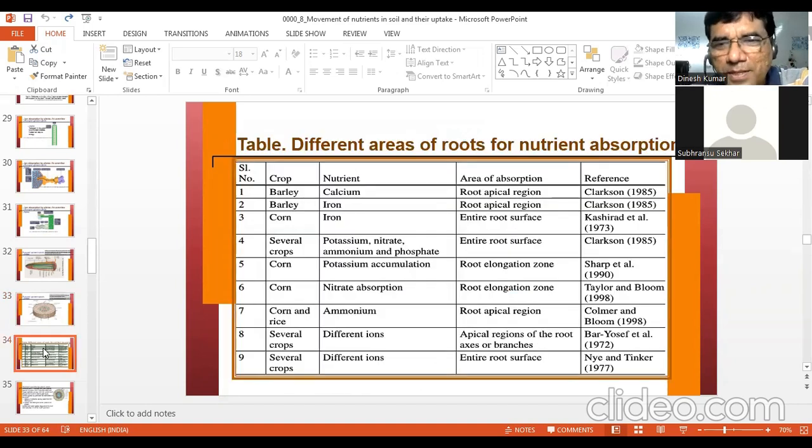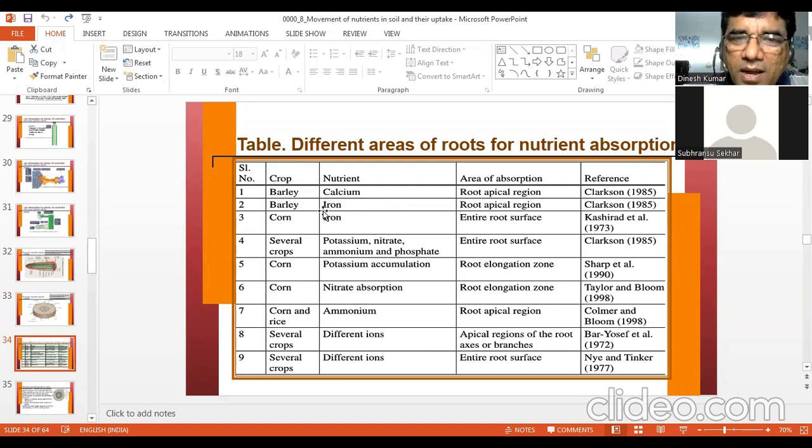Now you see, these are the parts or areas of the roots for nutrient absorption. So remember, root hairs are not always the source of nutrient uptake. Many root parts are important. For example, in barley, for calcium, the root apical region is important for uptake or absorption.